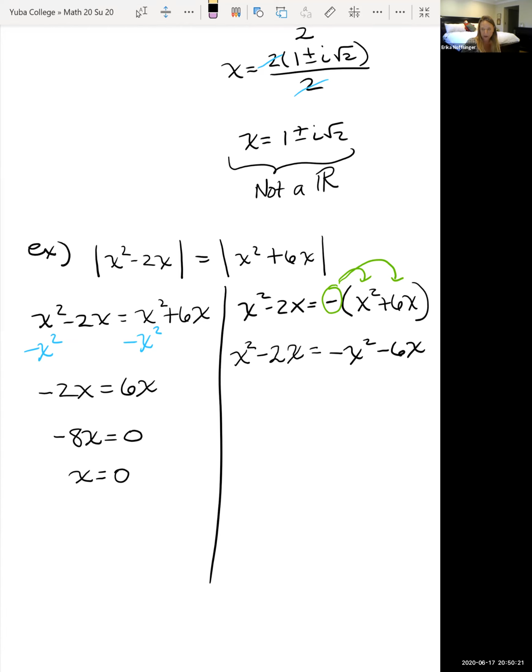So again, it's quadratic. So if we add x squared to both sides, it actually doesn't cancel the quadratic. So getting everything to one side of the equal sign, let's add 6x also on both sides. We get x squared. Negative 2x plus 6x is positive 4x is equal to 0.